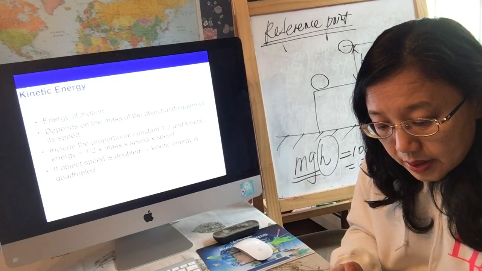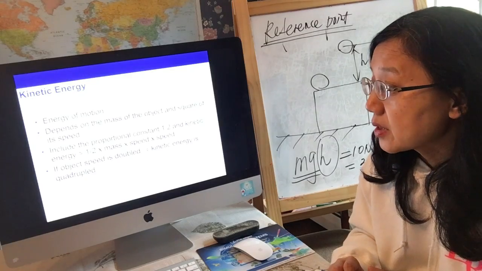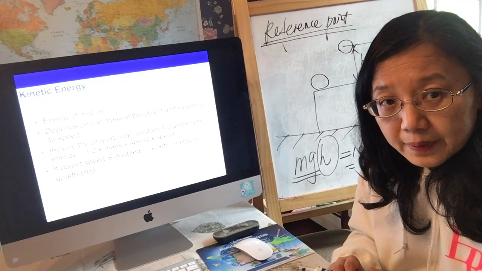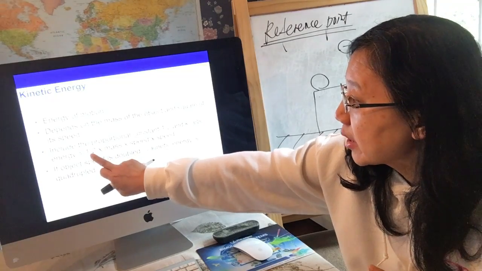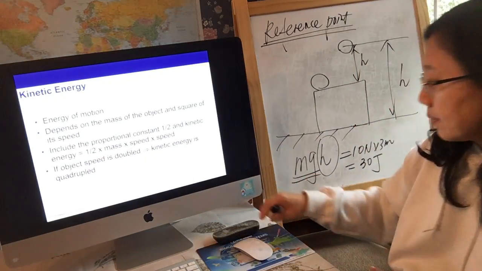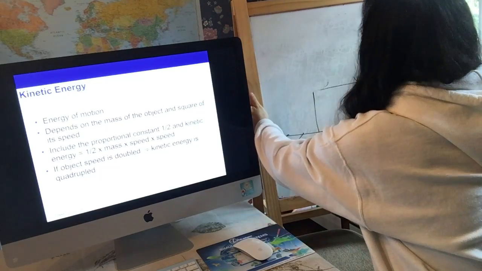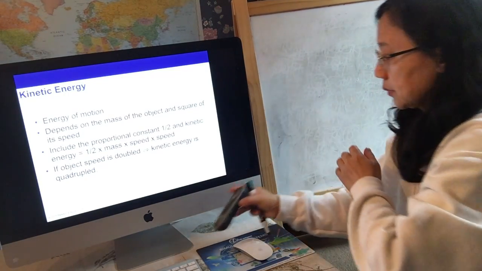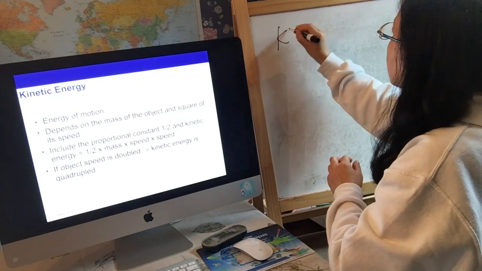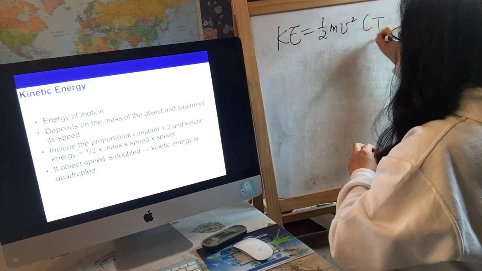The next one is kinetic energy. Kinetic energy is something when something is moving. Kinetic energy is defined as 1/2 mass times velocity squared, or speed squared, 1/2 mv squared, in joules.